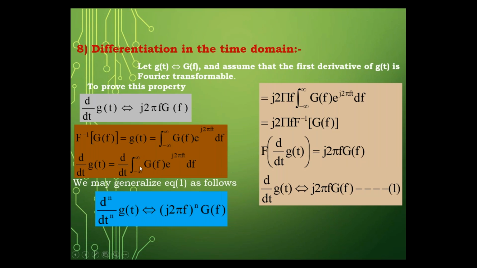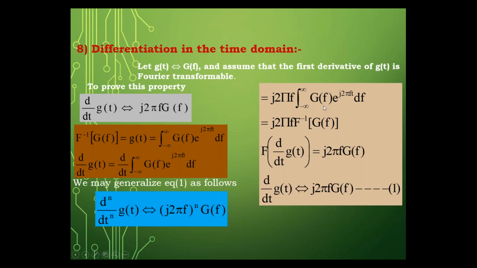Now, as we have differentiation with respect to time domain and integration in frequency domain, this G of f will not have any effect on this term. So you keep this aside, but if you observe this exponential term, this will have an effect. Please try to understand how to use this.